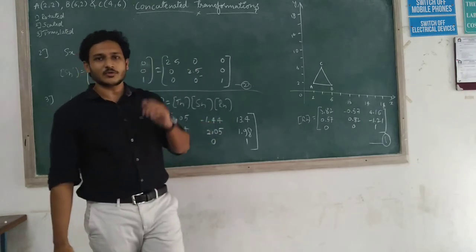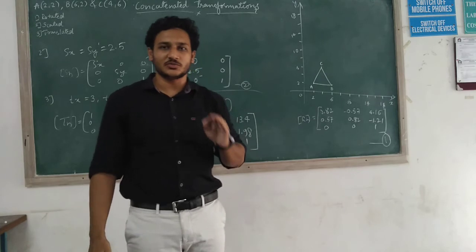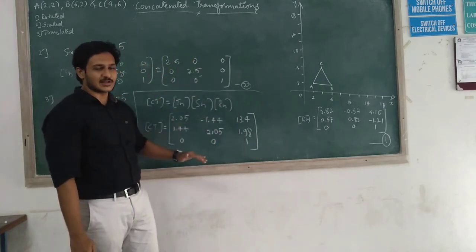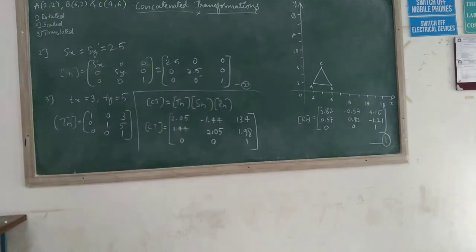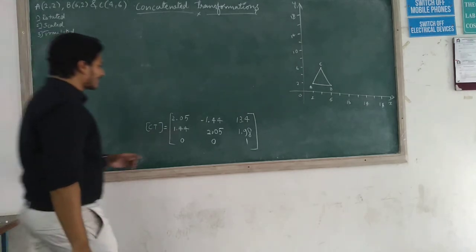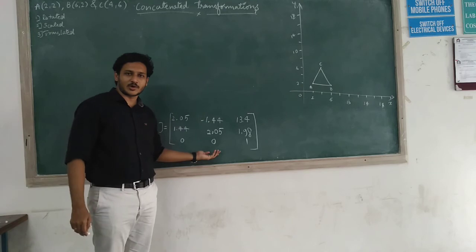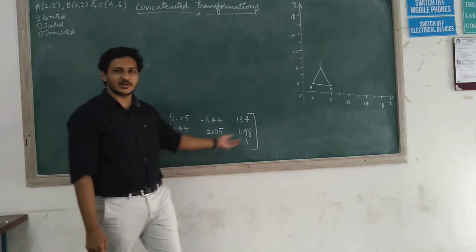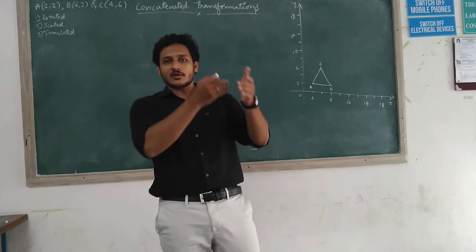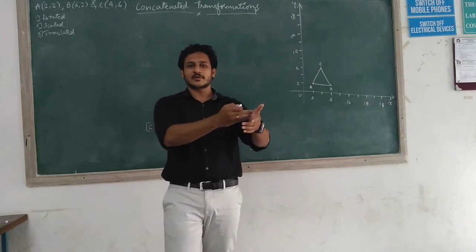After that, we have to find out the final positions of the triangle once we rotate it, scale it, and translate it. Let me have my concatenated transformation here itself, because I have to multiply it with the original positions, the initial points or the points before transforming.